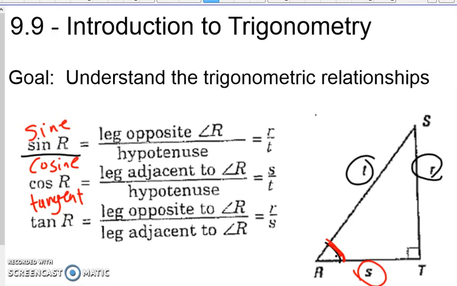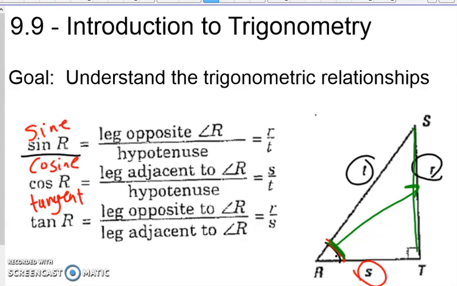So it's the leg next to angle R divided by the hypotenuse, so it's S divided by T. And if I was talking about the tangent of angle R, the tangent is the opposite leg over the adjacent leg. The opposite leg in this case would be side R, and the adjacent leg would be S. So the ratio for the tangent of angle R would be side R divided by side S.